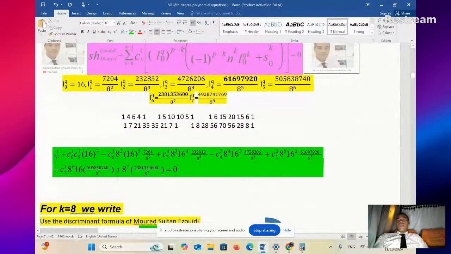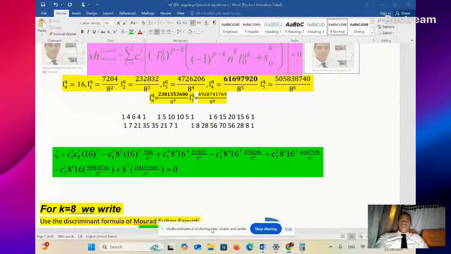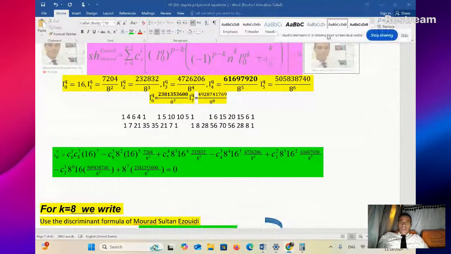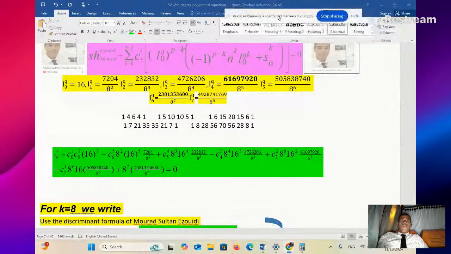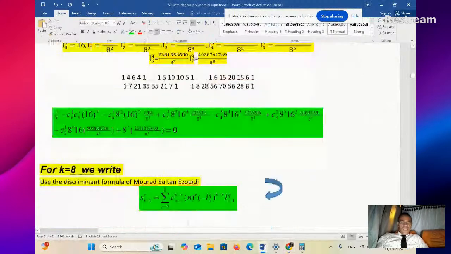Okay, after calculating, learners, you can also use your science calculator. You will find that S6 in fact is going to be equal to 0. Okay, now I'm going to continue finding the last coefficient. Then we'll make a conclusion about the roots of this 8-degree polynomial equation. Okay, it's easy in fact.